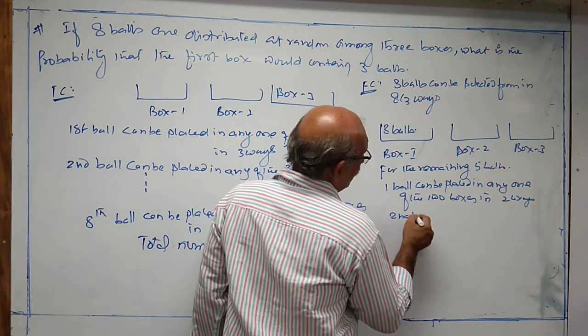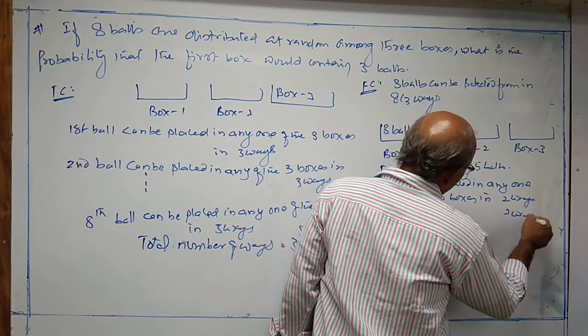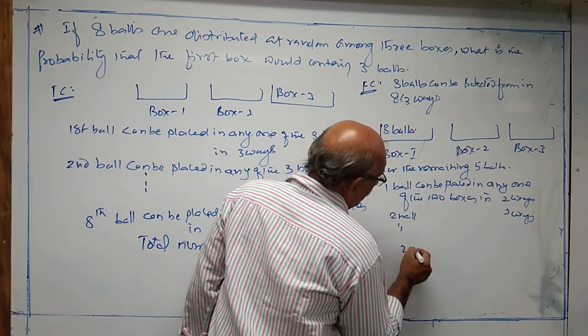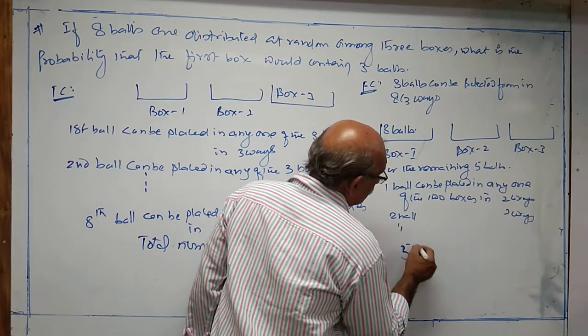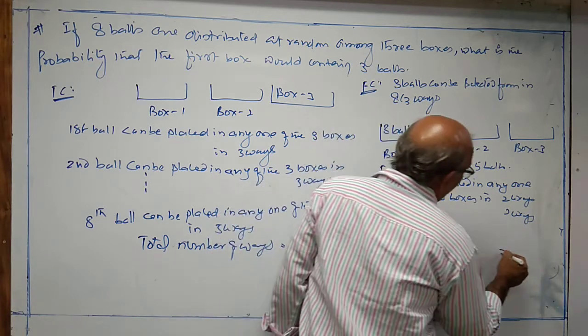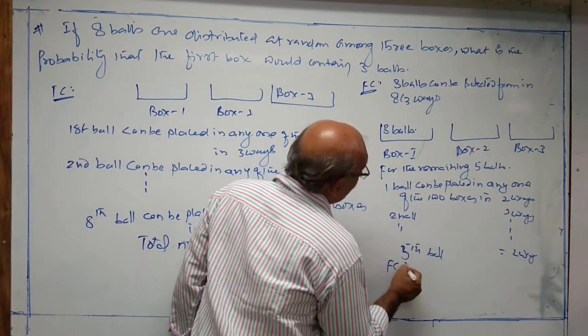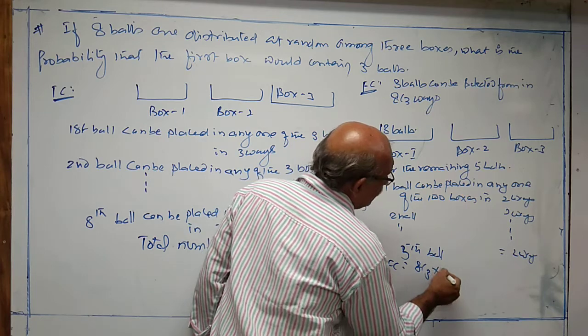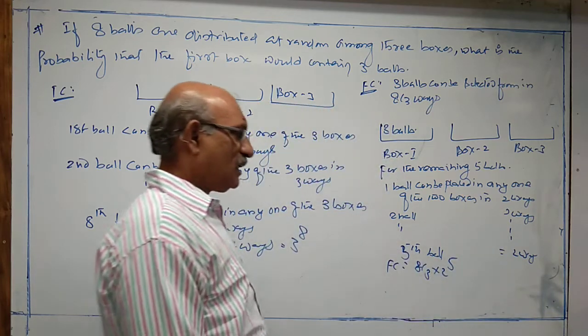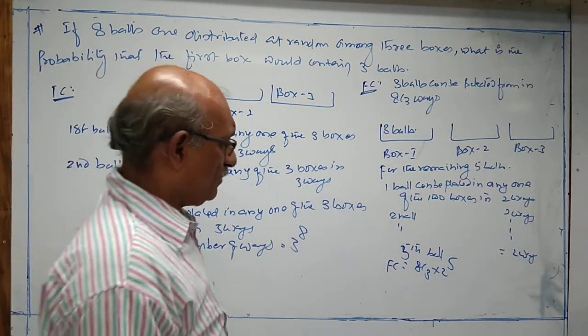For the second ball also 2 ways, etc. For the fifth ball also 2 ways. So favorable cases are 8C3 into 2 power 5.